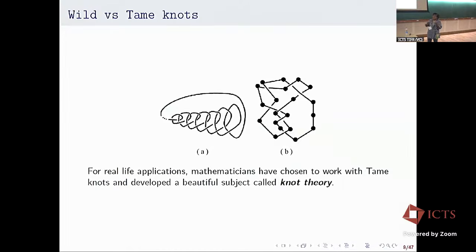Similarly, you can go on making loops an infinite number of times, and they can create bad examples. So knot theory is focused only on cases where they cross finitely many times, and that is what tame knots are. In other words, you can also describe them using piecewise linear functions. Like if you could draw a knot using only rods placed in three-dimensional space, putting them under and over, that is your tame knot.